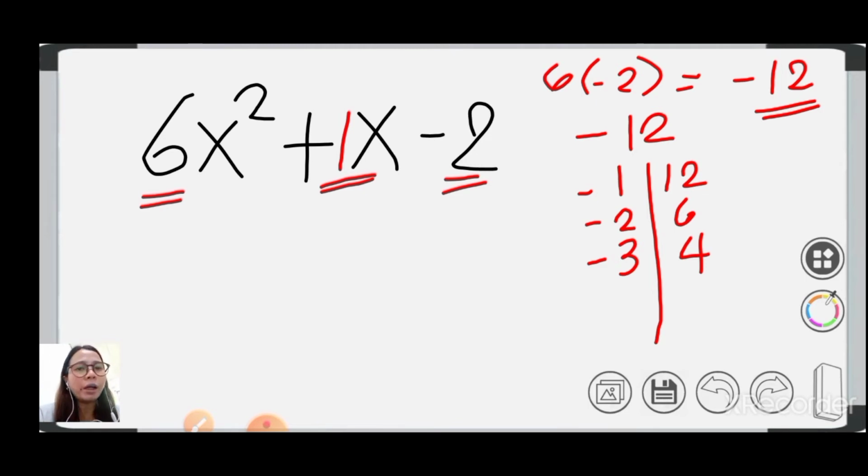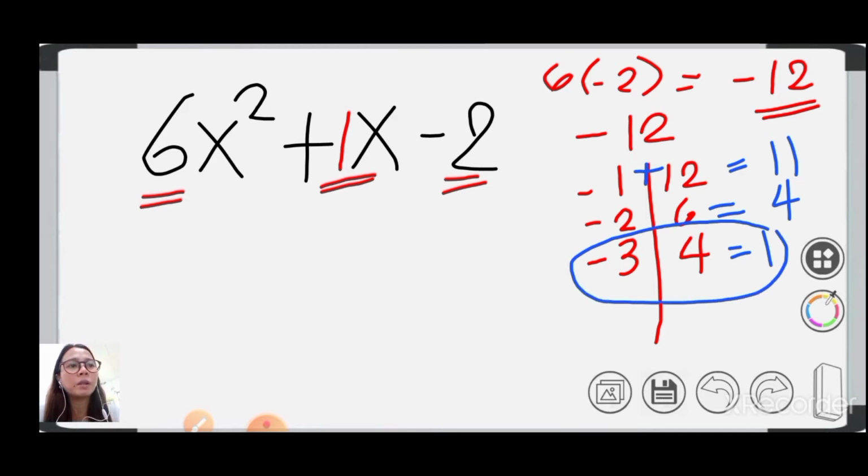Now let us see the sum of these factors. Negative 1 plus 12 is 11. Negative 2 plus 6 is 4. Negative 3 plus 4 is positive 1. As you can see, the last factors satisfy the middle term, which is positive 1.